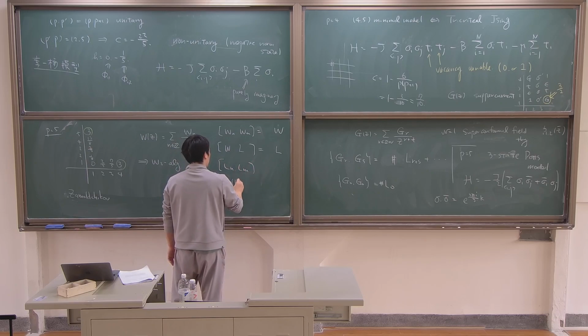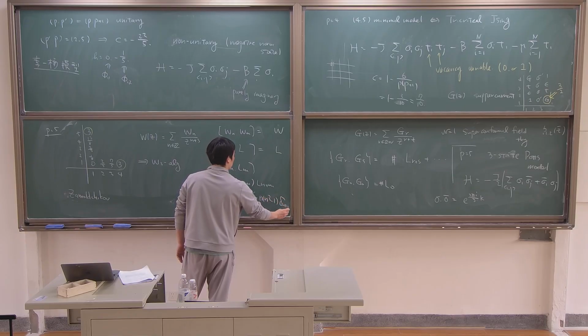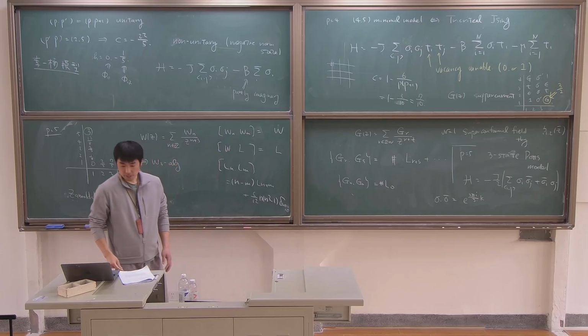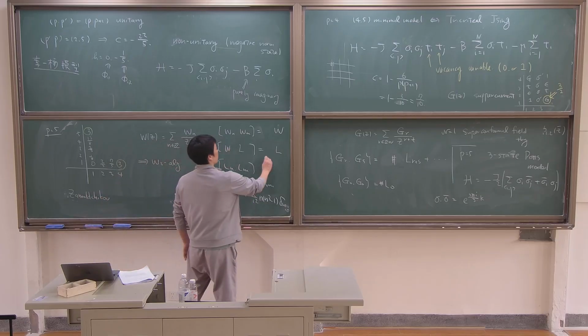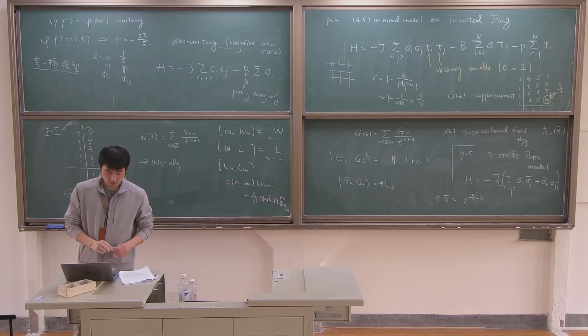I don't remember the detail. L_{n+m} plus c over 12 n times n squared minus 1 delta_{n+m,0}. Here it's much more complicated.